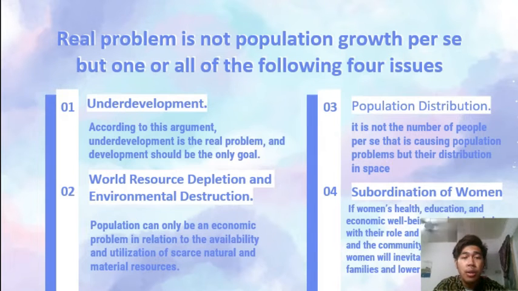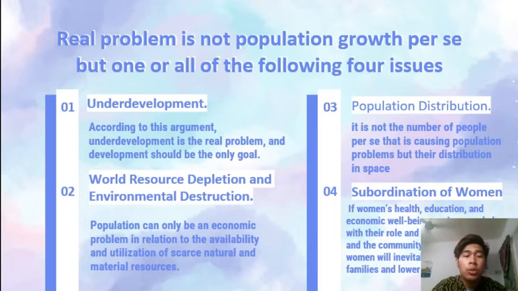Because the real problem is not population growth per se, but one of all the following four issues. Number one is underdevelopment. Number two is population distribution, number three, world resource depletion and environmental destruction, and last is subordination of women.